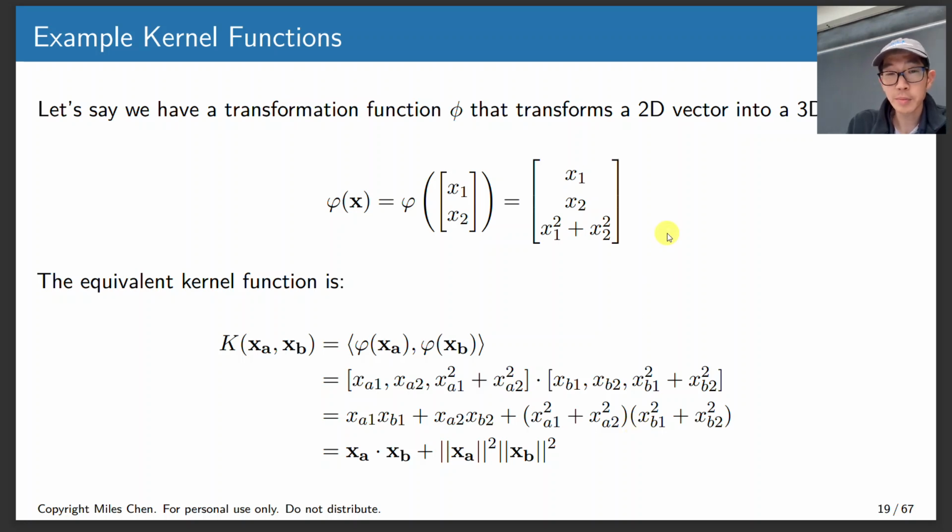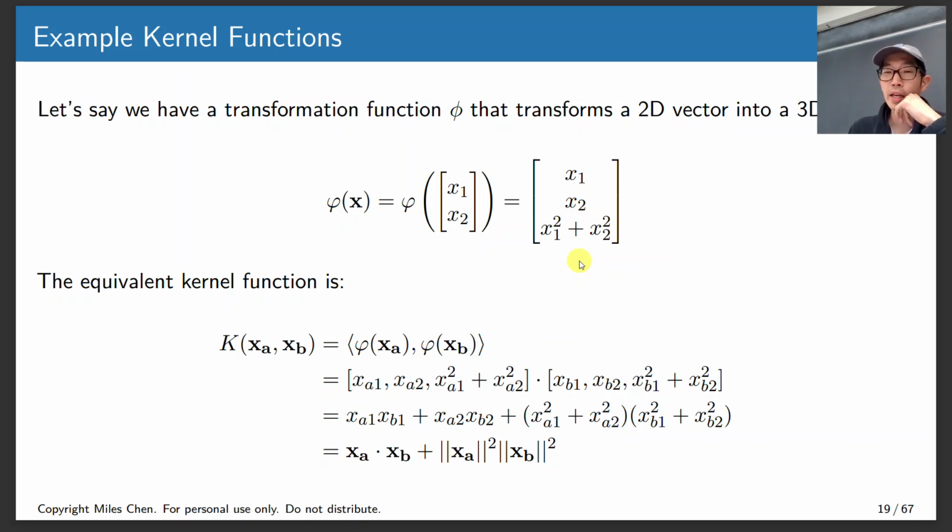Here is an example of a transformation function. Your vector x exists in 2 dimensions, and when you apply this transformation function, the output of the transformation function is length 3. So we go from 2D up to 3D.